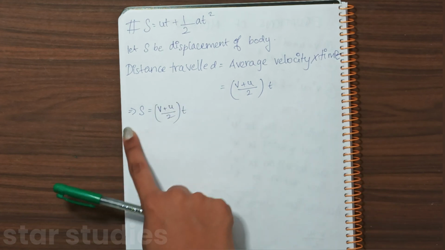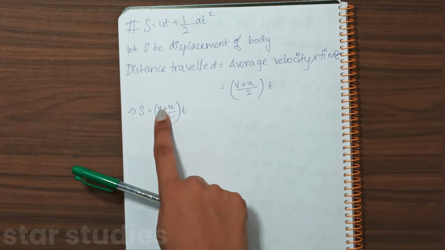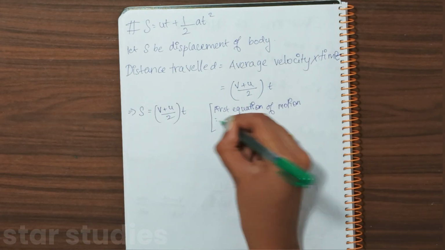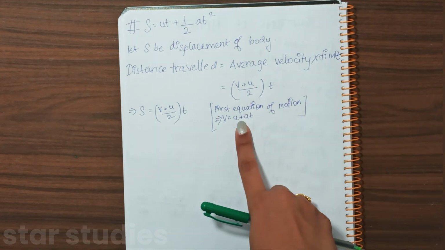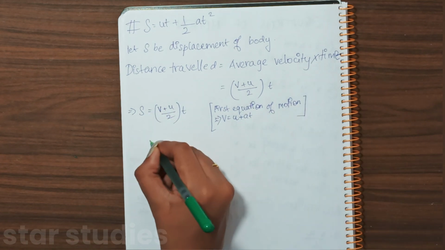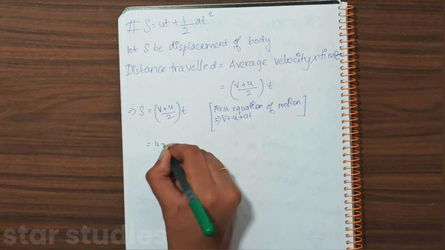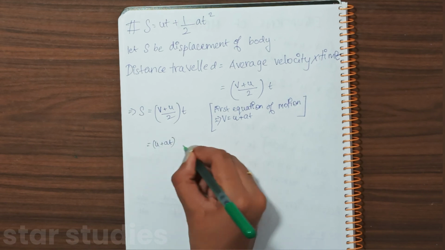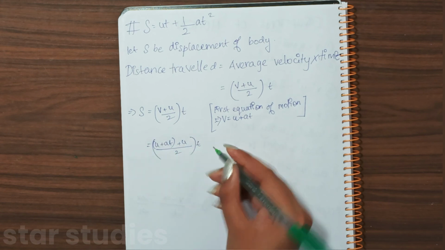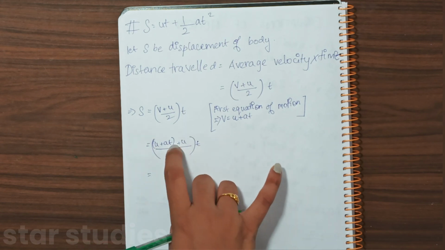In this equation, we are now going to substitute the value for the variable v. Recall the first equation of motion. We are going to substitute these variables in the place of v here. Now we're going to simplify this by adding the numerator.